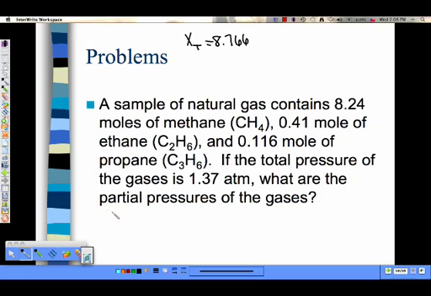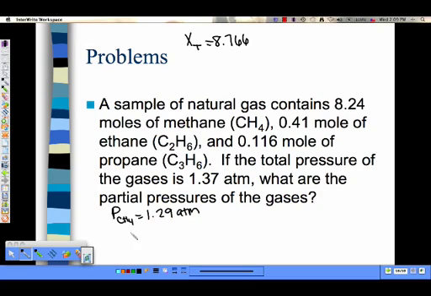So if we want to find the partial pressure for methane, CH4, we would have 8.24 divided by the 8.766, and that would give us a mole fraction of 0.94. Multiply that by the total pressure, 1.37, and we get 1.29 atm.